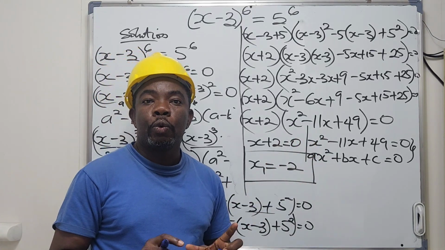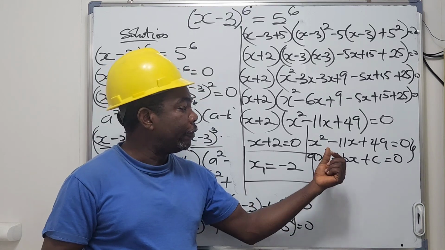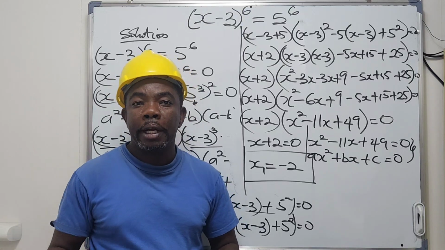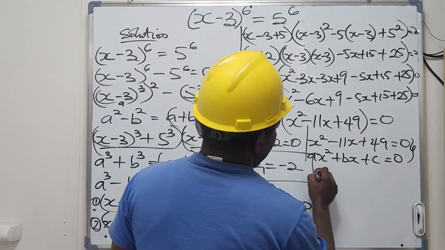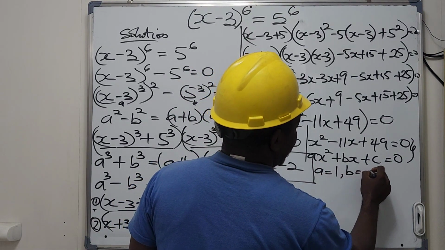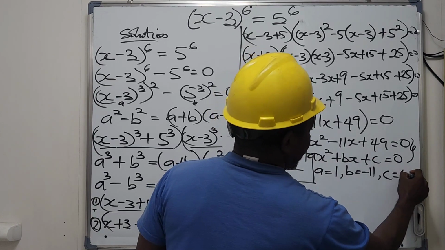So we need to bring out all the parameters of this variable so that we will substitute it into the quadratic formula. So our a will become 1, then our b will become 11, then our c become 49.